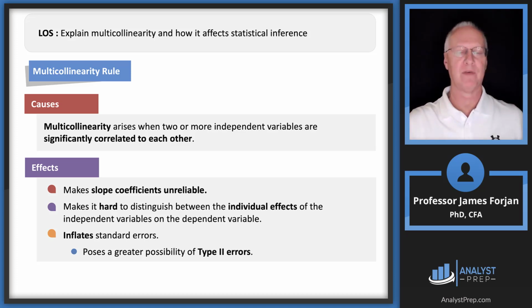But then if you have other independent variables like number of clouds in the sky, et cetera, you can't really distinguish between and among the impacts of those slope coefficients. And what it does is it inflates those standard errors, which increases the type 2 error.